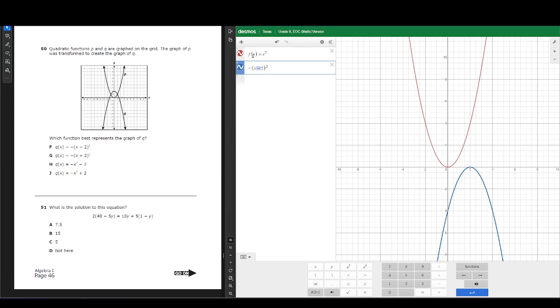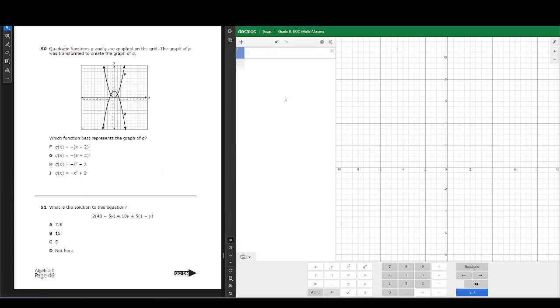So that's not correct. The next option won't be either because this is just going to move it to the left. Then our next option is to get rid of that parentheses and do minus 2 over here. That moved down. And our final option, plus 2, gives us the picture that we have here, so that must be correct. So negative in front is a vertical reflection, plus 2 is a shift up by 2.